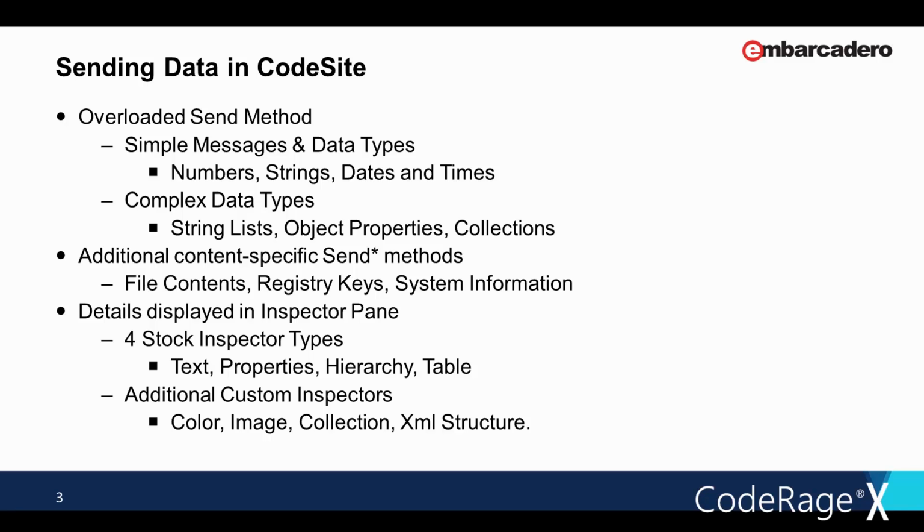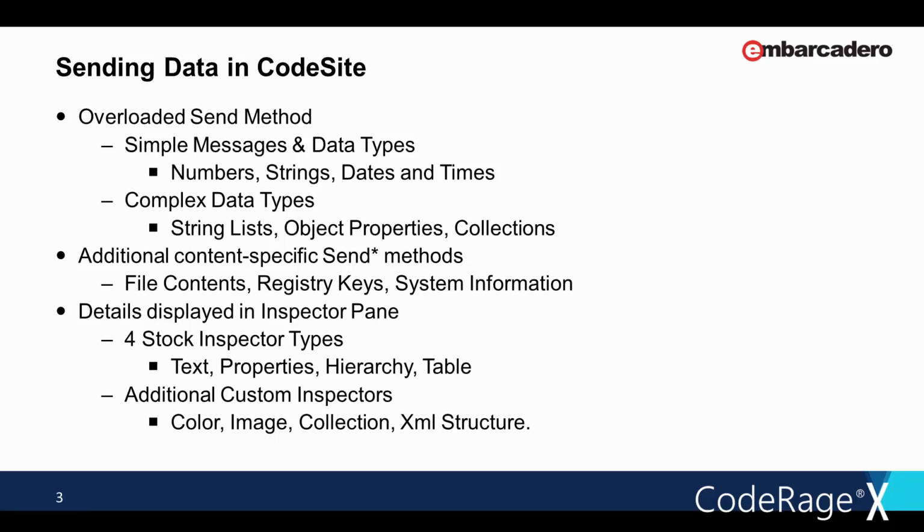It handles all kinds of data types: simple messages and data types like numbers, strings, dates, and times. Straightforward. But you also have built-in support for complex data types like string lists and object properties and even collections of items. There's also content specific send methods like file contents and system information or version information from the executable, registry keys, and so forth, XML data, etc.